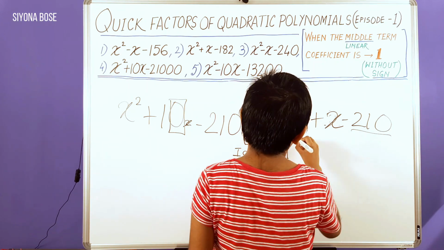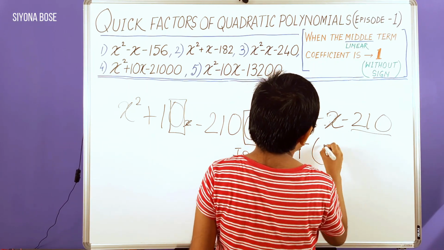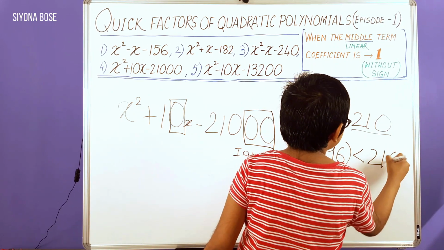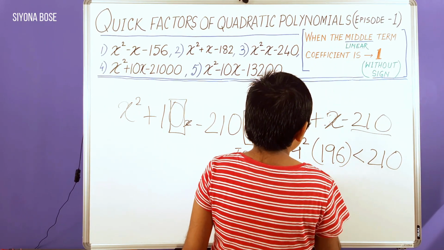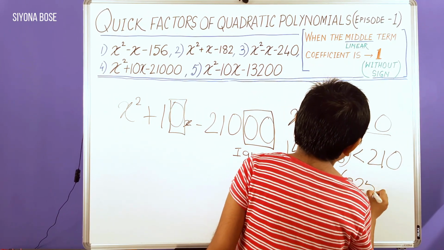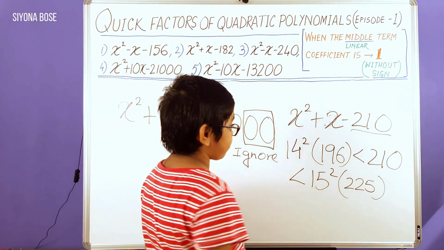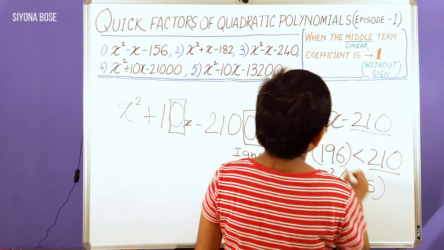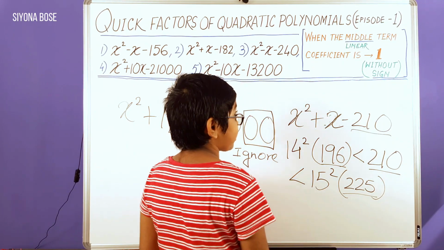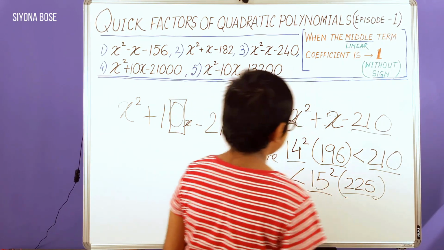The 2 perfect square numbers are 14 squared, 196, less than 210, less than 15 squared, 225. I know it's right because 196 is less than 210, which is less than 225. And the 2 consecutive numbers are 14 and 15.